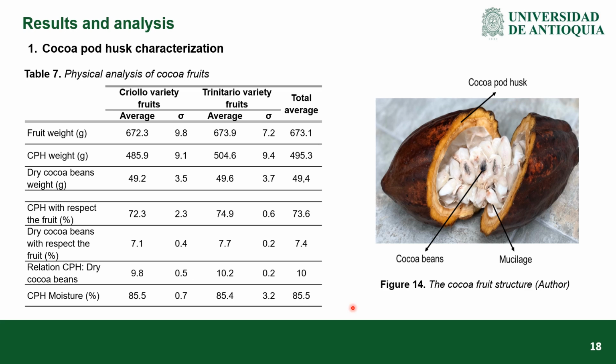In this figure, we can see the physical relationship between the cocoa beans, which is what currently has value and is used in the chocolate industry, the mucilage, the part that covers the cocoa beans, and the external pulp, the CPH, which is the largest part of the fruit.